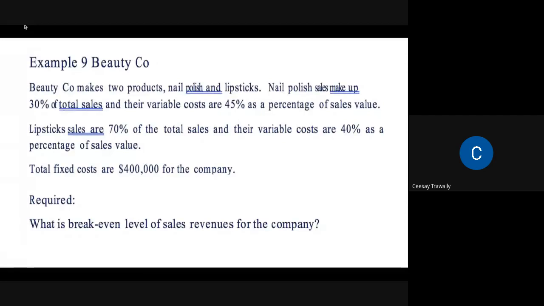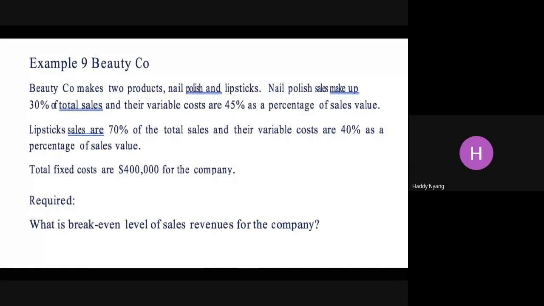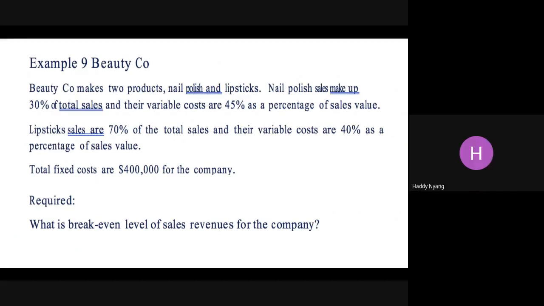The two things that we need are the nail polish and the lipstick. Those are the two products. But to calculate our break-even point, we need two numbers. The nail polish should be 30% and the lipstick should be 70%, I guess. Okay, good try.